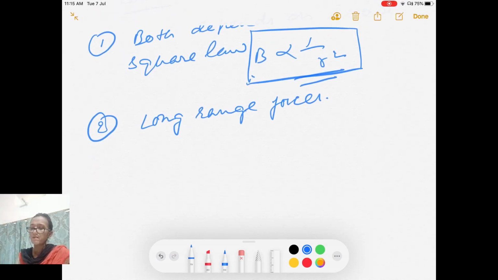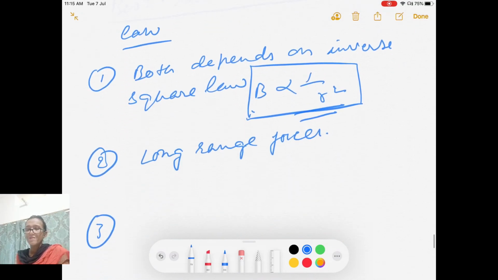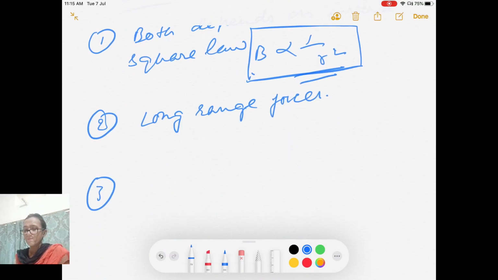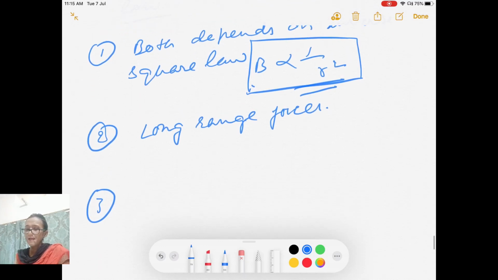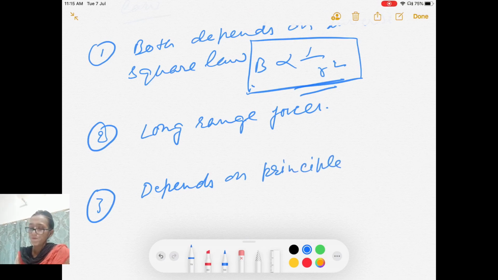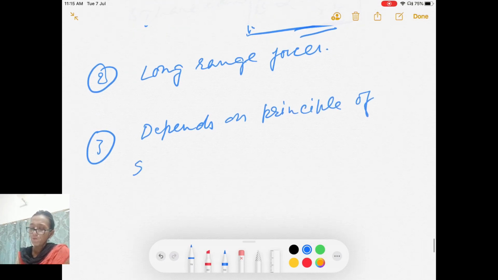Now third one. What is similarity? Both depend on the principle of superposition.